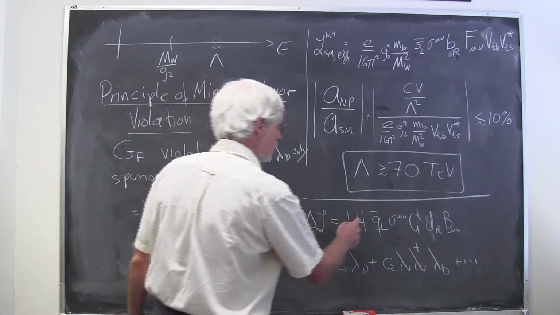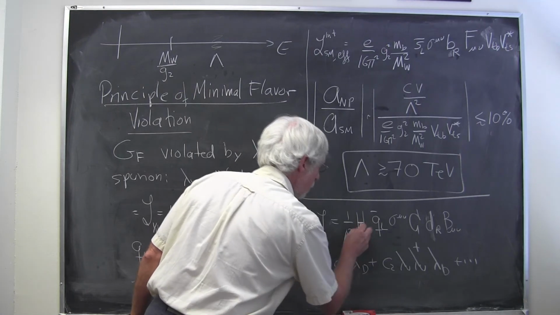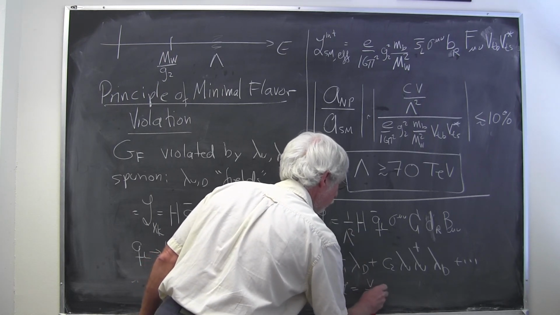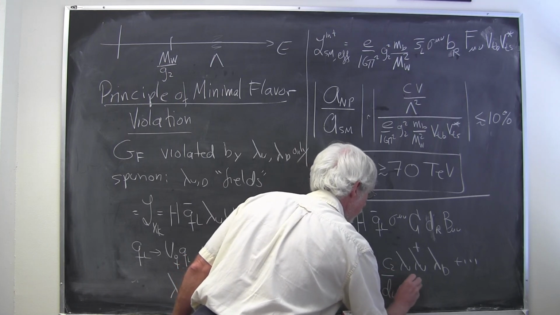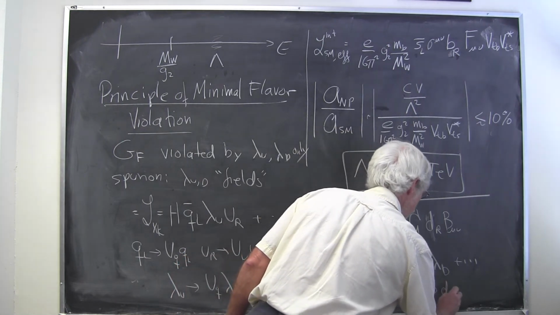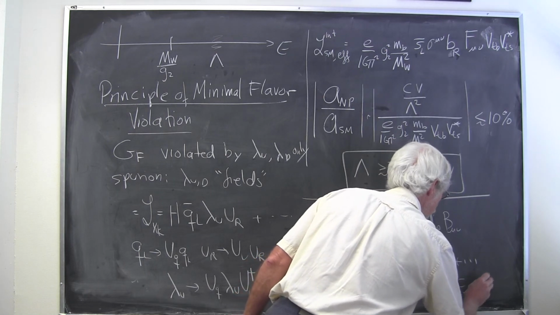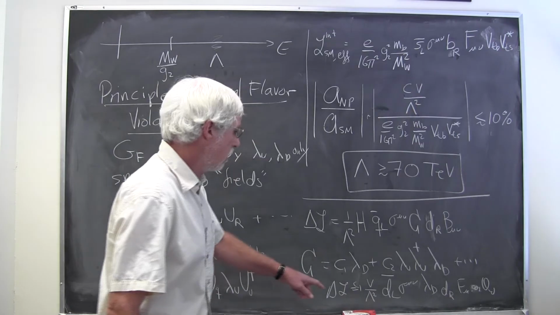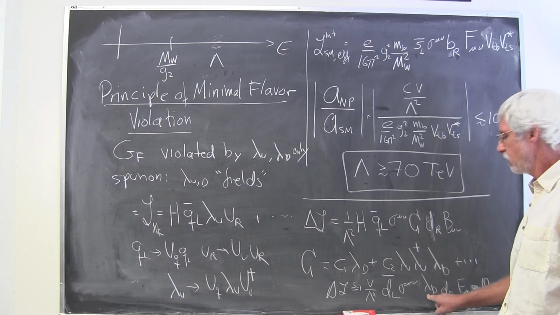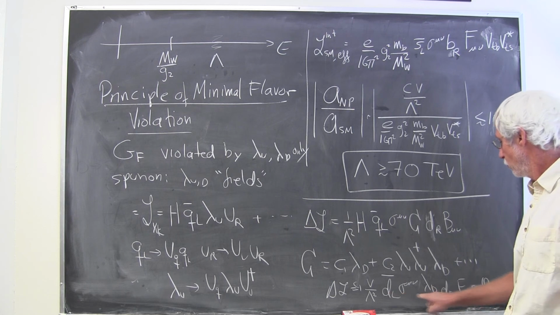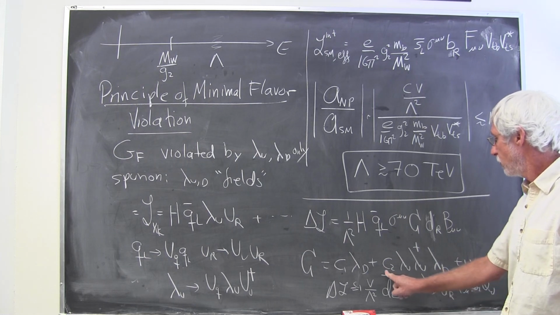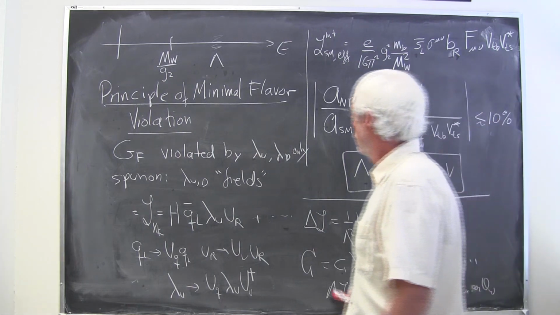You can see that in the interaction that we're interested in, that involves the expectation value v divided by lambda squared, and then d bar left, sigma mu nu, and say the first term in this expansion, lambda d times the constant C1, that when we go to the basis of mass eigenstates, this matrix will get automatically diagonalized, and therefore this will not produce any flavor changing transition.